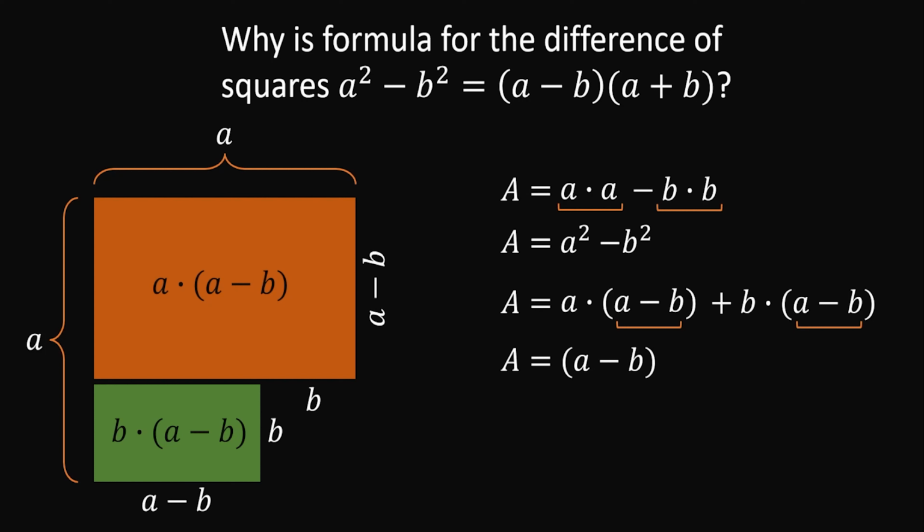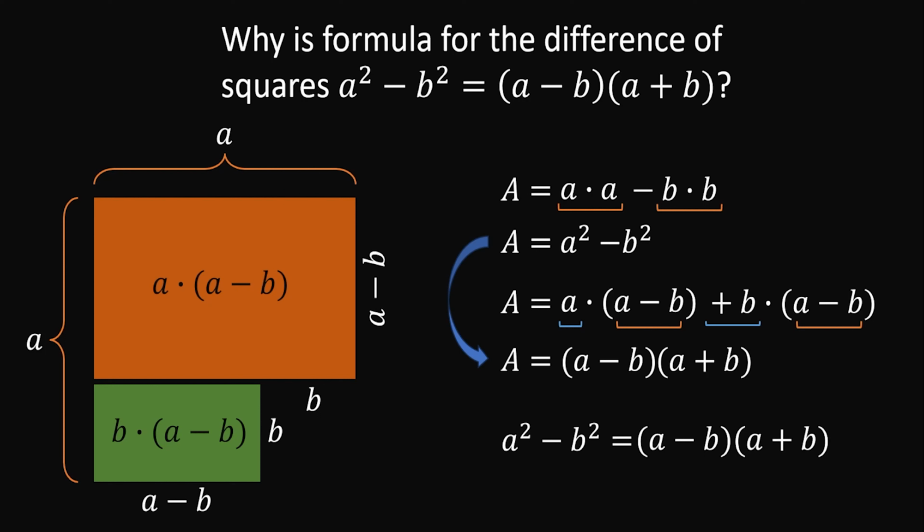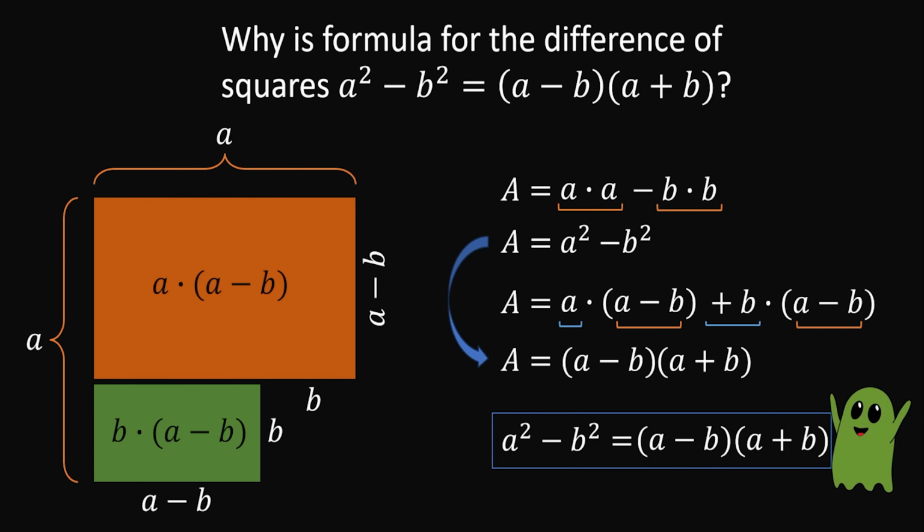So that's a minus b times, we are left with a plus b, so that's a minus b times a plus b. As before, we will replace the value of the surface from line 2, and we get a squared minus b squared, which equals a minus b times a plus b. And there it is, our formula.